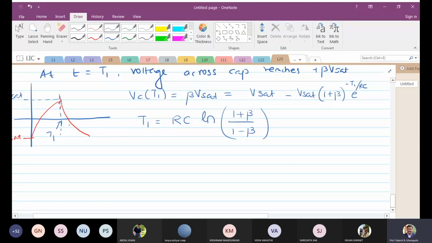Okay, because again it is going to be charging and discharging. So here this is going to be T2, and T2 and T1 are equal in the first case. So T is equal to 2 times T1, and that gives me 2 RC ln (1 plus beta) by (1 minus beta). If you put the value of beta, what is the value of beta?